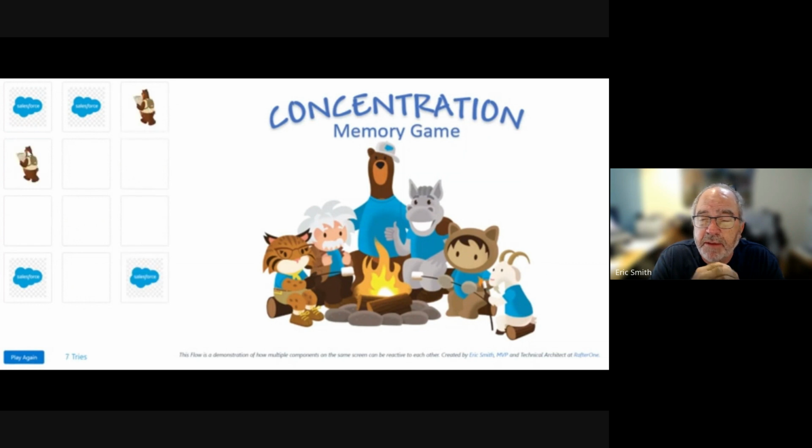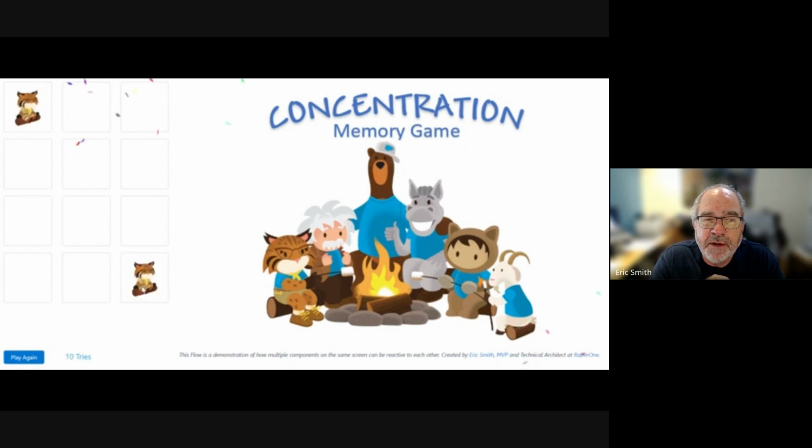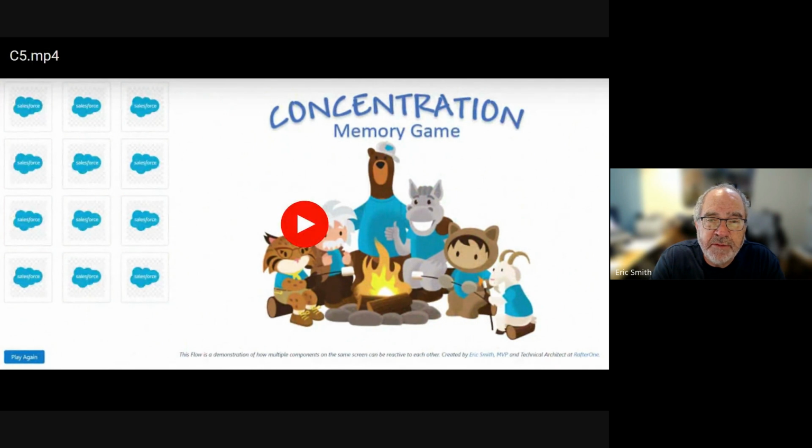Do you display the back of the card, the front of the card, or do you display a blank card? So this matching game just goes through that process, and it's all interacting at the same time, and it's all being done with a single flow screen.